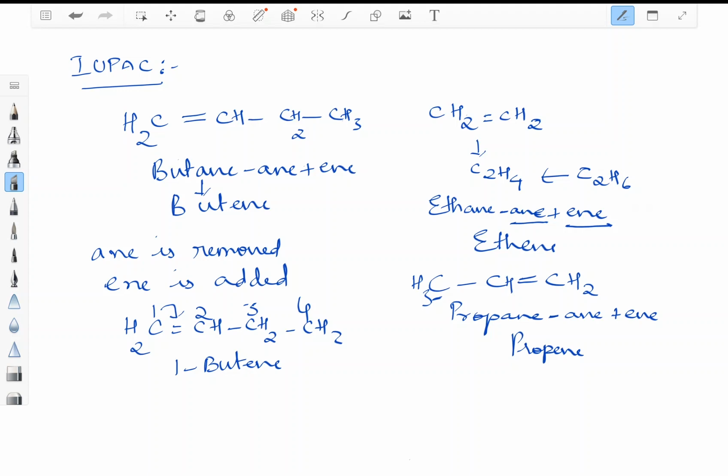We have one more example where I have 4 carbons, 1, 2, 3, 4, and the double bond is in the middle. If I number from here, 1, 2, 3, 4, or from here, 1, 2, 3, 4, the second position is the double bond from both sides, so the numbering is the same, but the name now will be 2-butene.